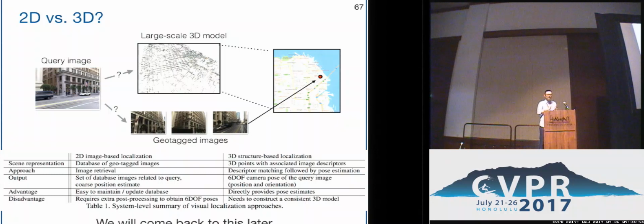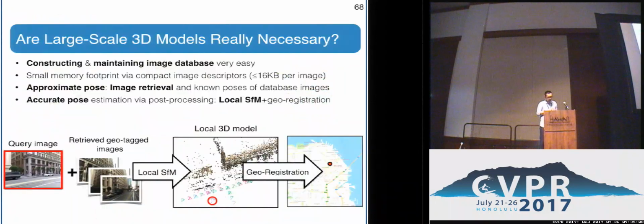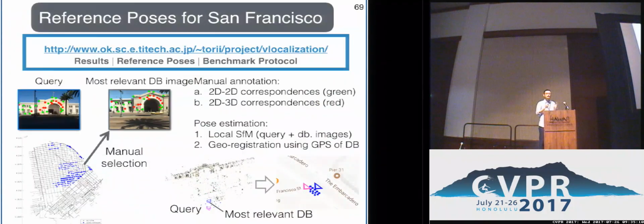But actually, we presented a paper, a poster, yesterday. Before that, there was no fair comparison between the 2D and 3D methods. Because, as I briefly mentioned, the San Francisco dataset has a 3D point cloud and images, so we can compare them.